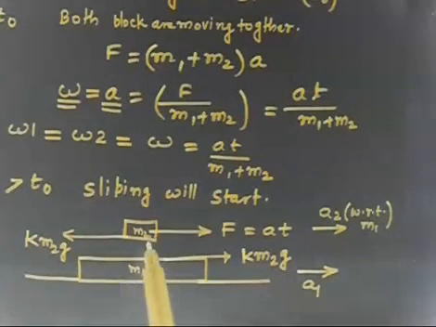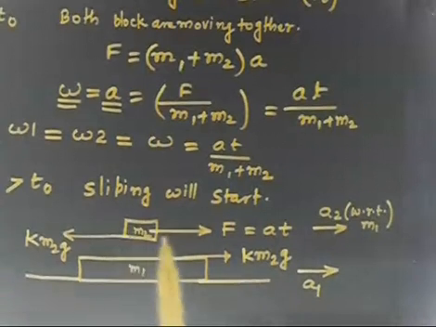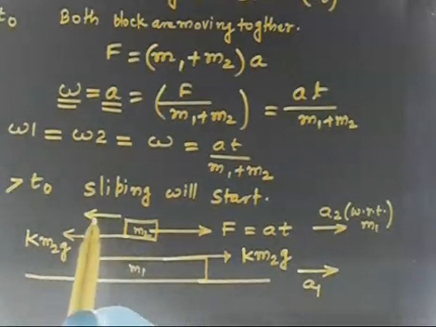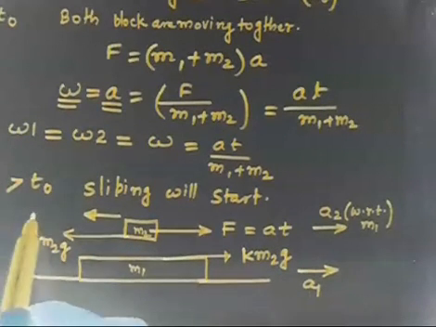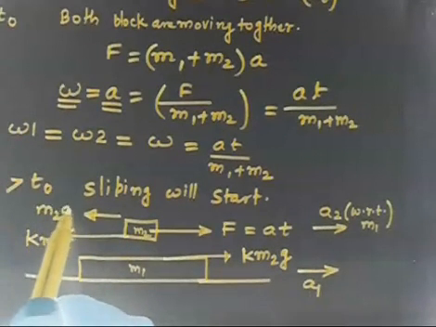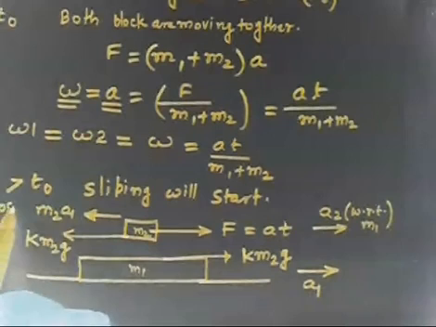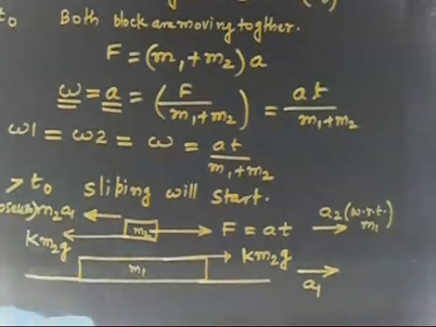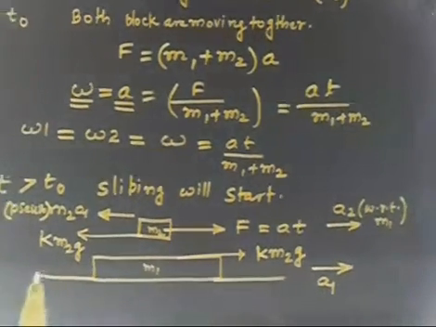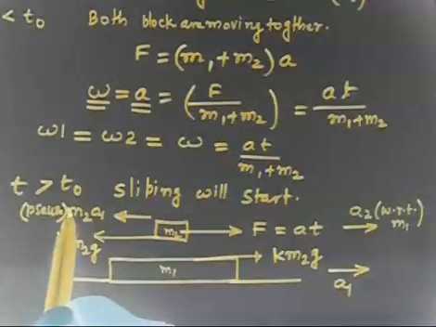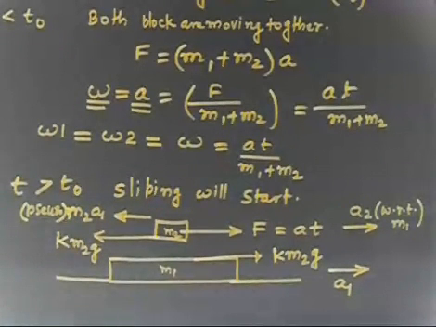This means this now becomes a non-inertial frame, so on this block I have to apply a pseudo force. If I want to write the equation, I will write M2 into A1. This is a pseudo force. Are you getting it? So I will apply a pseudo force, M2 into A1.